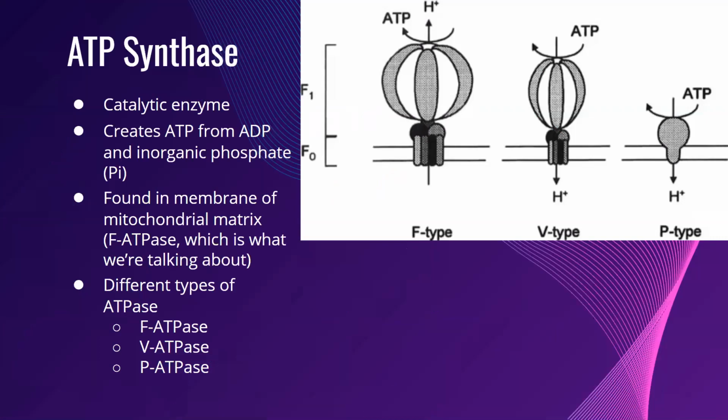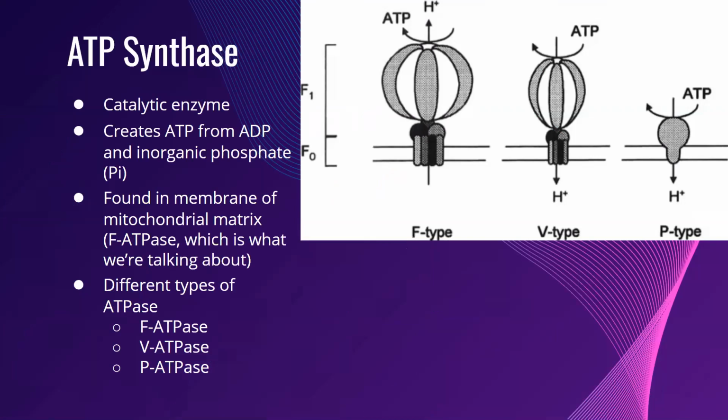So ATP synthase is a catalytic enzyme, and enzymes are always catalytic, as in they fuel and allow reactions to progress. What happens is that it creates ATP from ADP, or adenosine diphosphate, and inorganic phosphate.